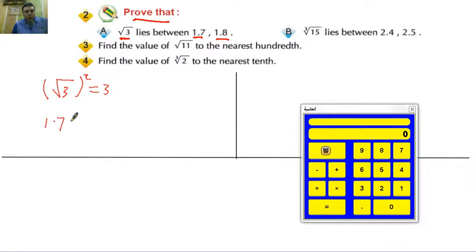Then 1.7 to the power 2: use the calculator, 1.7 times 1.7 equals 2.89.